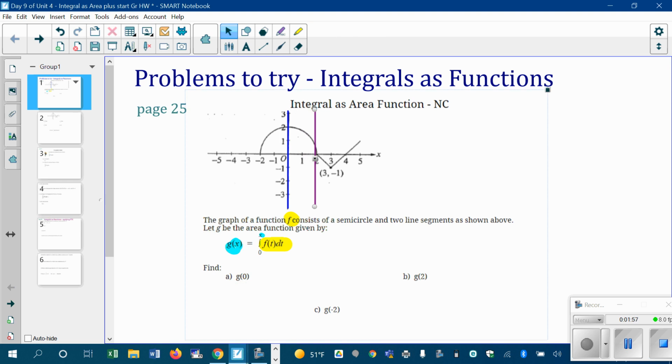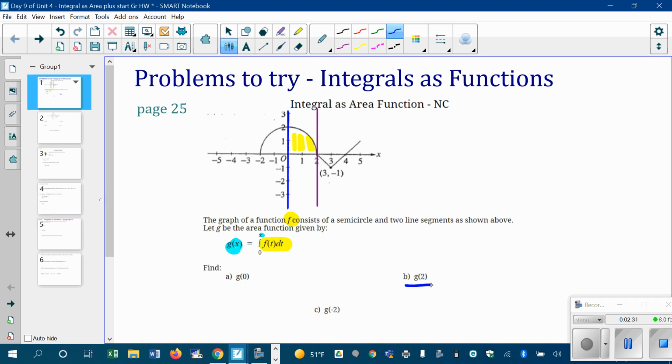So for instance, g of 2 would mean that I am here at 2, and I want to include all of the area under the curve that is filled in between the blue line and the purple line. The blue is my start because the lower bound is 0. G of 2 would mean the area that has been swept through by that purple line moving.